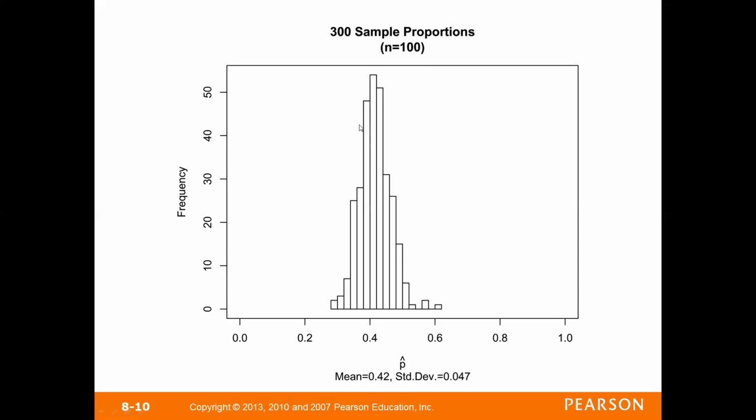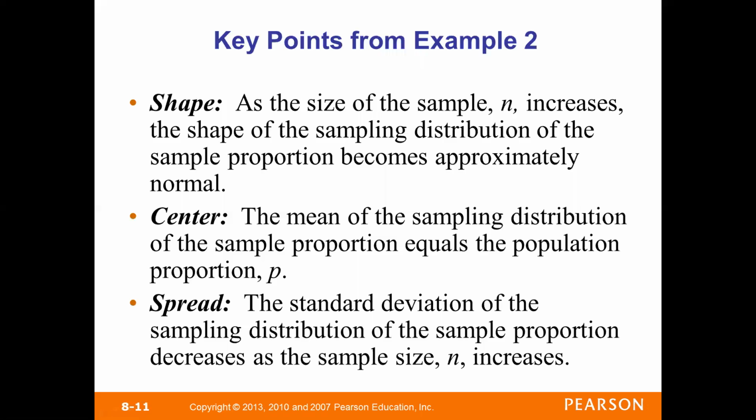Notice that the curve here is roughly bell-shaped as well. So the key things to remember are exactly the same types of relationships that we saw with the mean. As the sample size increases, the shape of the sampling distribution does become approximately normal. It is centered around the true proportion.